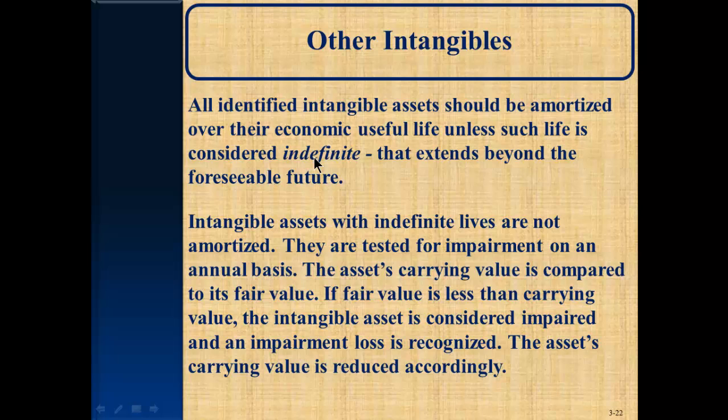Indefinite doesn't mean infinite. Infinite versus finite. Infinite means, remember from mathematics and calculus, it goes on into perpetuity. There's no end to it, infinity. But indefinite does not mean infinite. It just means you really can't determine what that life is, or you can't logically put a life on that.